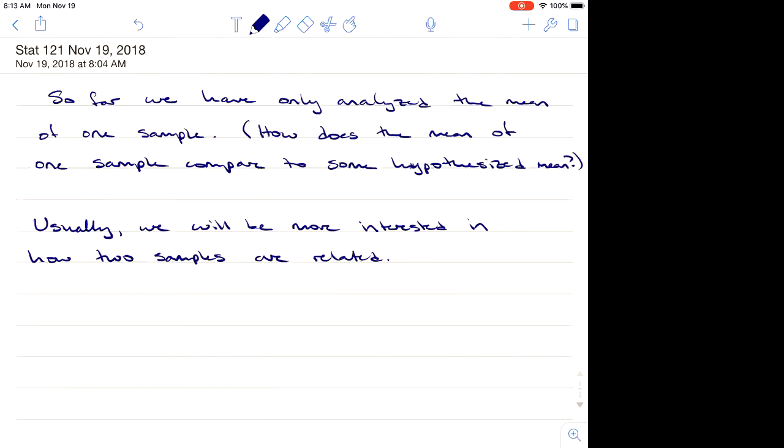The second situation is if we have two samples, say the scores for version 1 of test 2 and version 2 of test 2, right? Now there's no way to say, oh, well, this score matches this score, right? So now you have two independent samples, right? So we need to know how to deal with that.